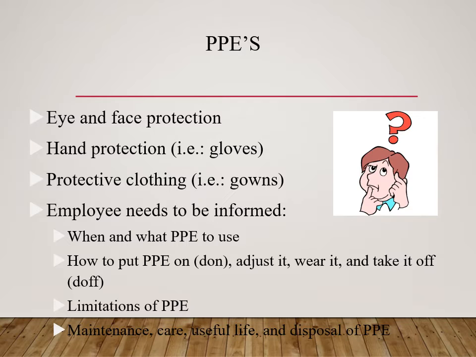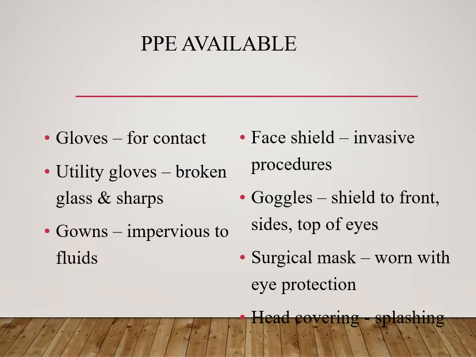An employee needs to be informed when and what PPE to use, how to don and doff PPE, limitations of PPE, maintenance, care, useful life, and disposal of PPE. PPE available: gloves, utility gloves, gowns, face shield, goggles, surgical mask, and head covering.